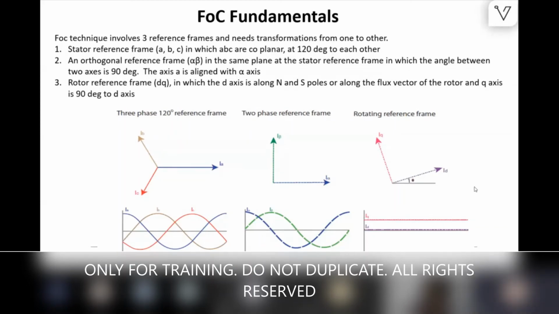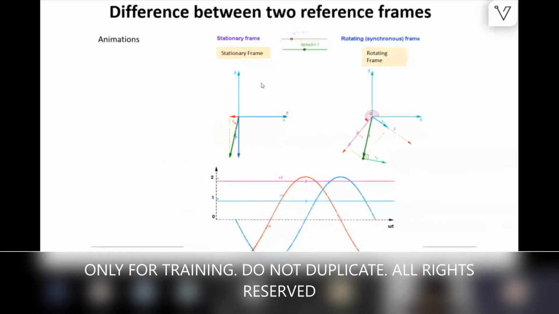Those two people developed this mathematics to go from the stationary reference frame to the rotating reference frame. The rotating frame is as if we are jumping on the rotor and observing the field, like ID and IQ.